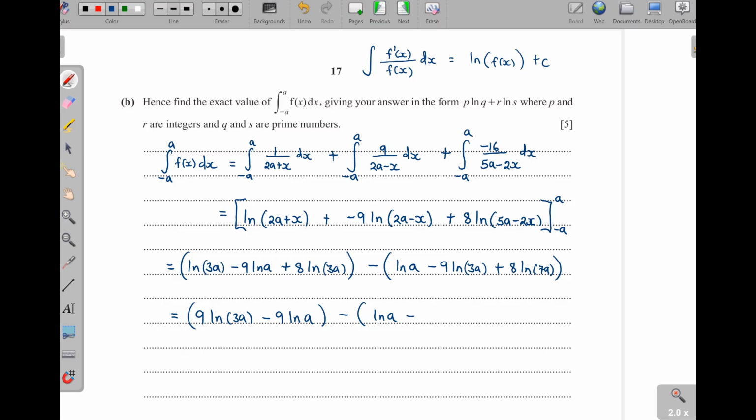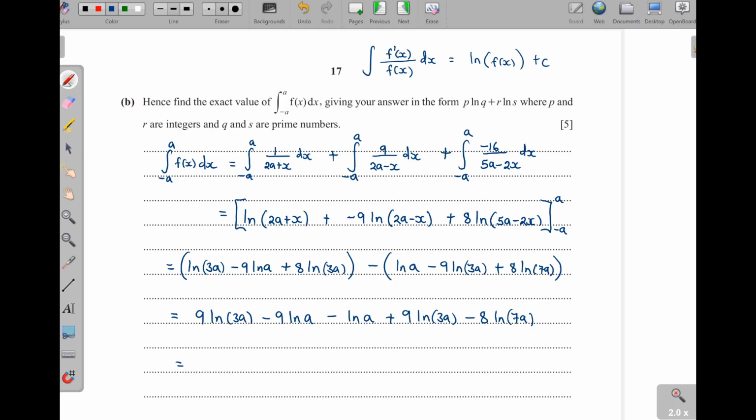Is there anything? No. I think we just now open the brackets. So we shall have minus natural log of a, then plus, because the minus affects everything here. Minus, that will be a positive 9, then natural log of 3a, and then minus 8, then natural log of 7a. Something like that. Then we can proceed from here.